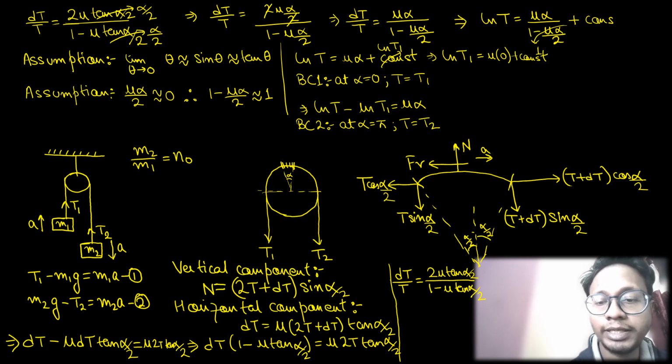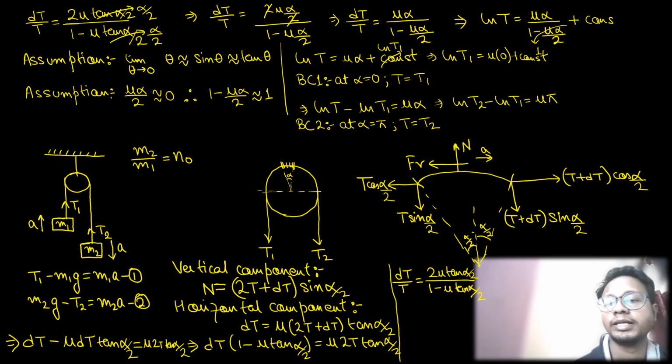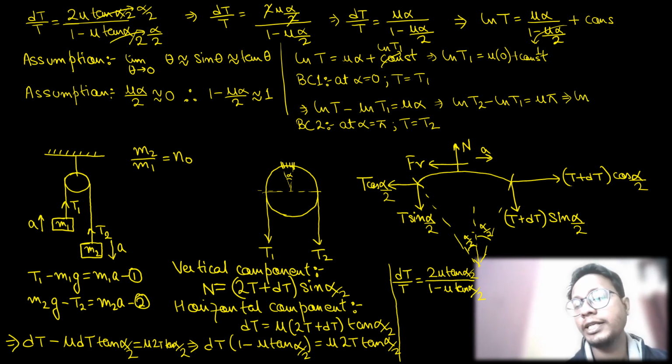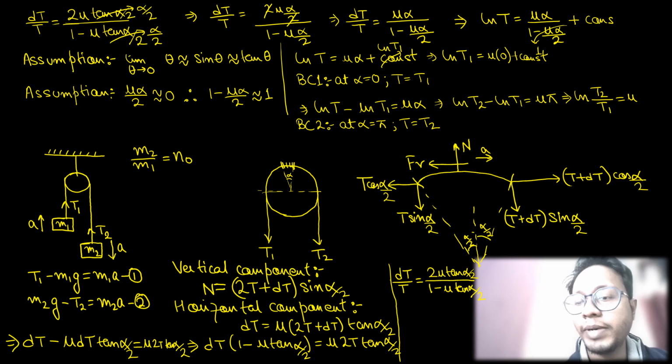So out here I'll get ln T2 minus ln T1 is equal to mu into pi. This is the second equation I'm getting. If I write this equation nicely, ln T2 minus ln T1 is nothing but ln of T2 by T1 is equal to mu pi.